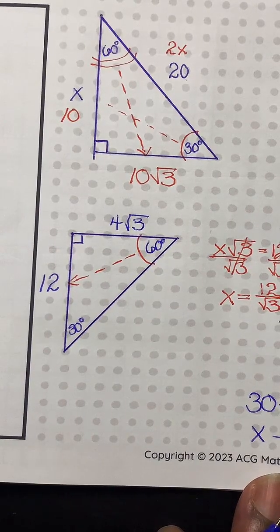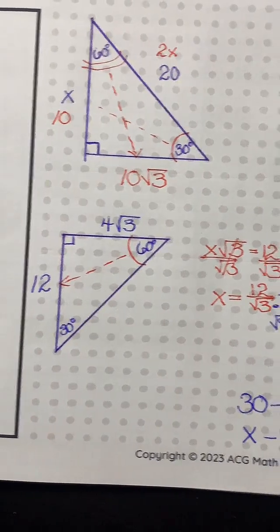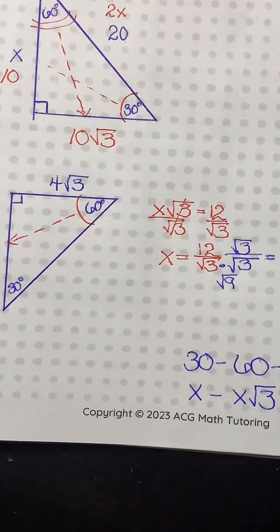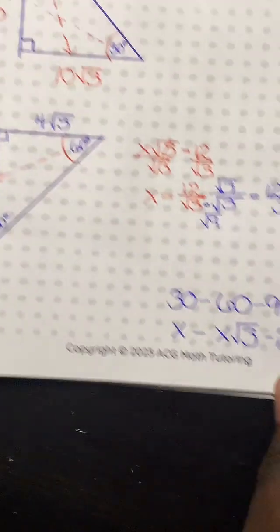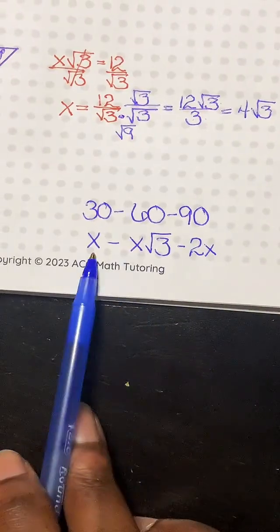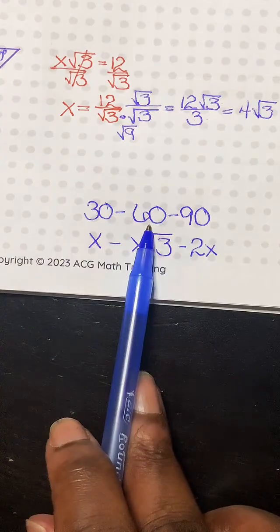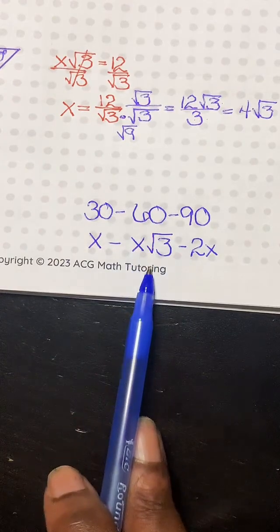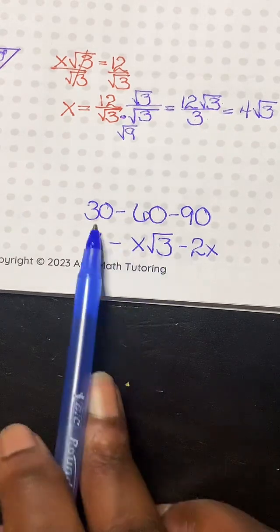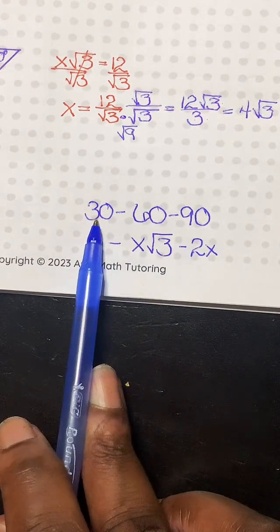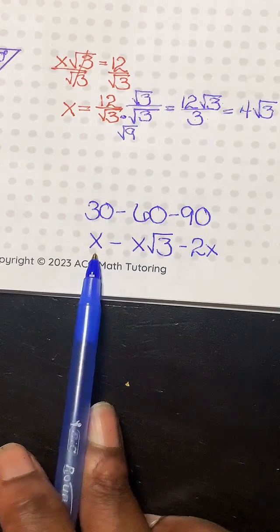Okay. Someone asked, why do I use x square root of 3? For the 30-60-90 degree rule, the side opposite your 60-degree angle is always x times the square root of 3. The side across from your smallest angle is your x, which we just found.